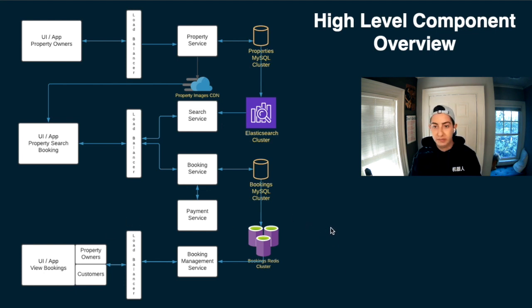I think that's something really cool and important to note. Just because you have one system doesn't mean you only need one kind of database, or only have one load balancer. You can organize things differently along different fault lines depending on how you break down the system. So this is one way to do an Airbnb kind of system.